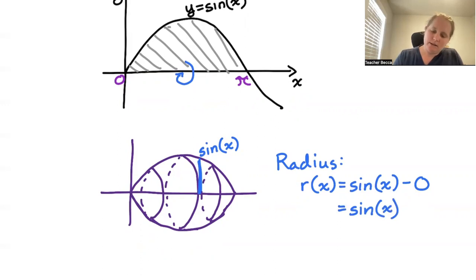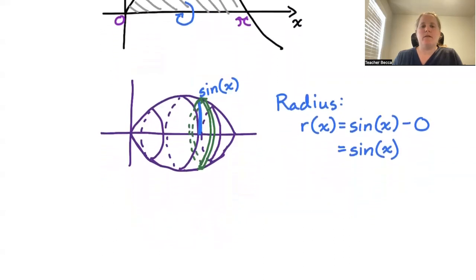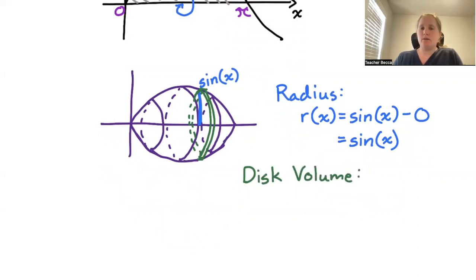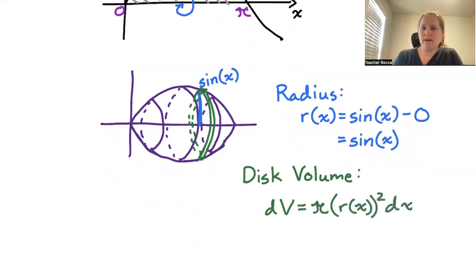For our disks, so again, for our disk volume, we are looking at dV is equal to pi times r of x squared times dx.